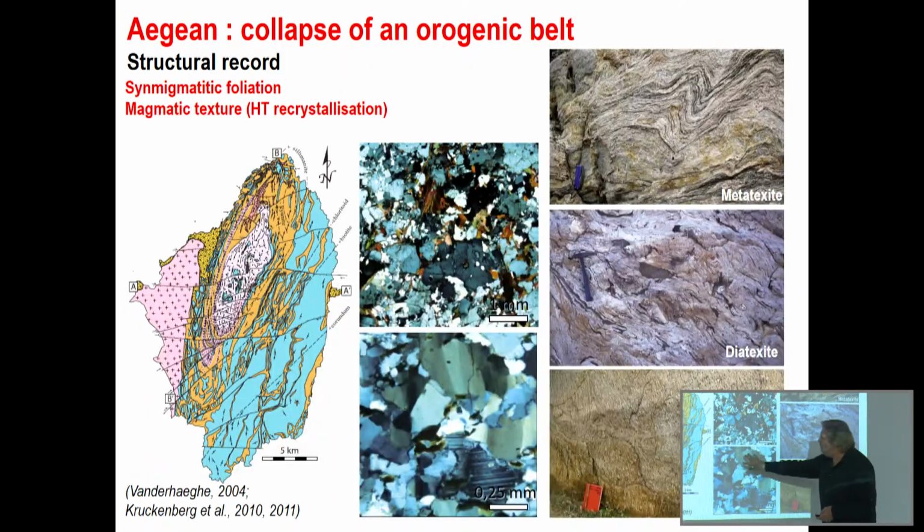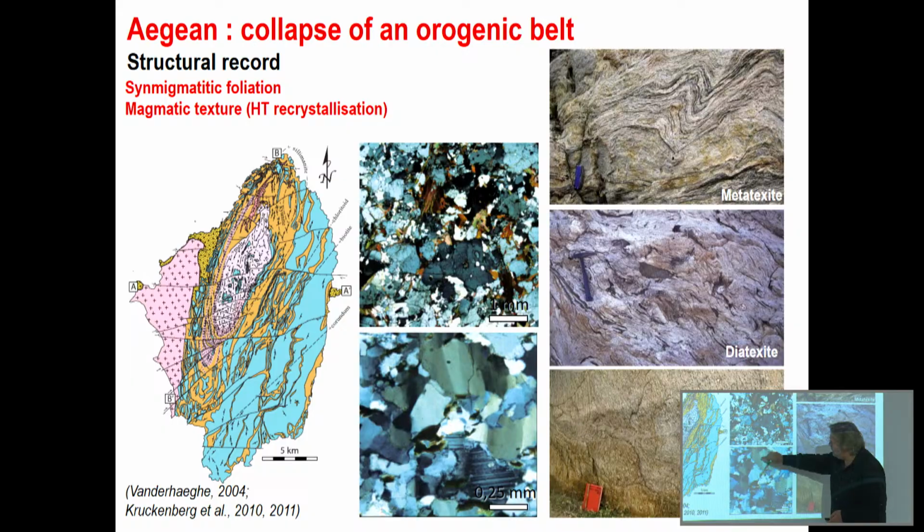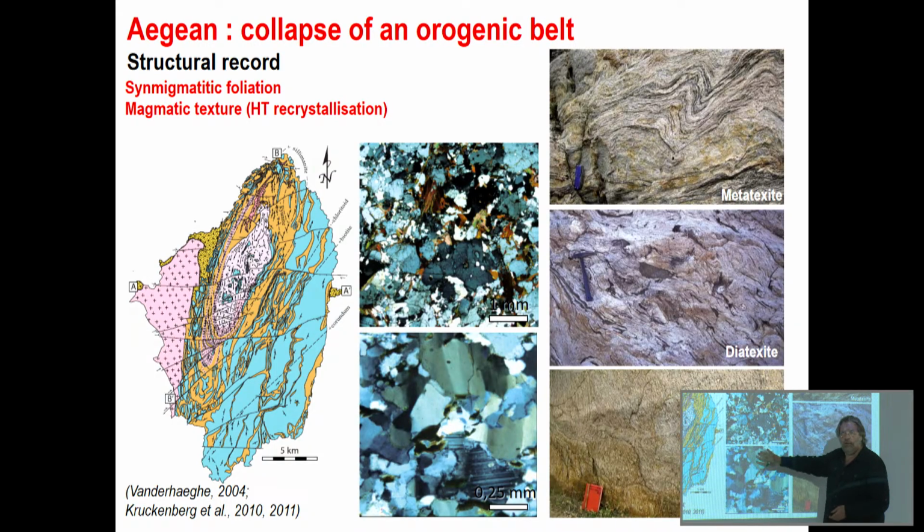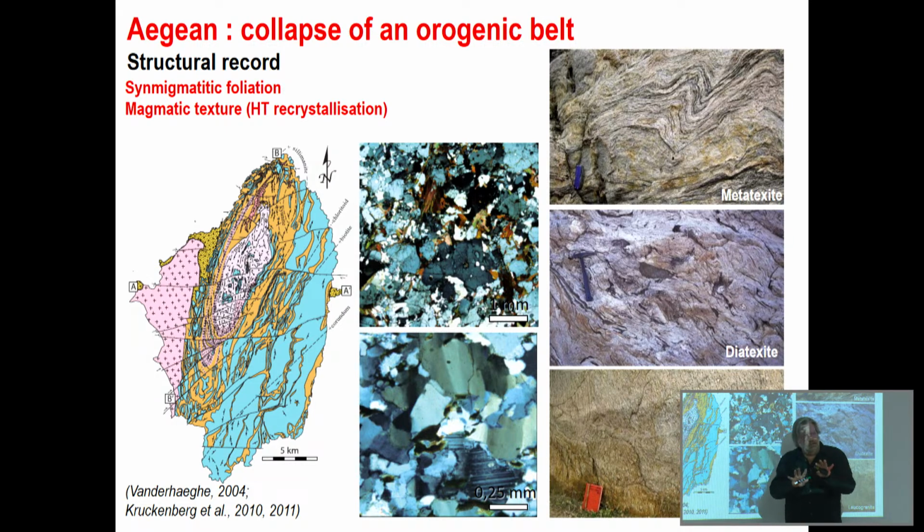Okay, and then there's only a slight hint of high temperature recrystallization that is shown by this undulatory extinction of quartz. That means that the quartz grain has been a bit bent, and its crystallographic orientation is a bit torqued. So that's why it shows undulatory extinction.